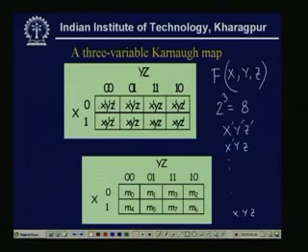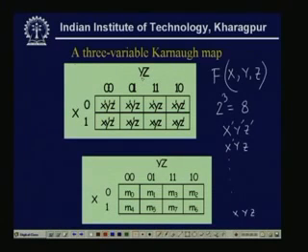So, now I draw the map. Say the row represents only one variable x, and that is 0 and 1. Now, the column represents the two other variables y, z.